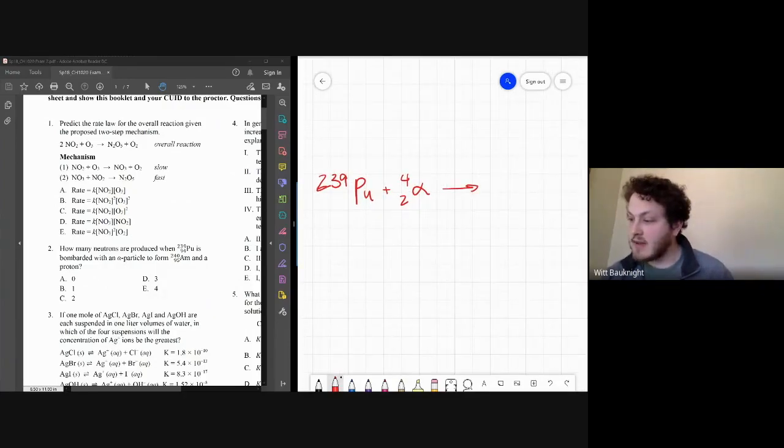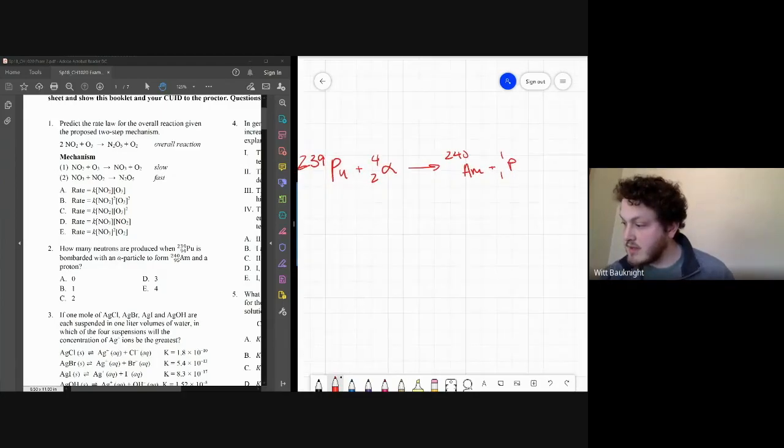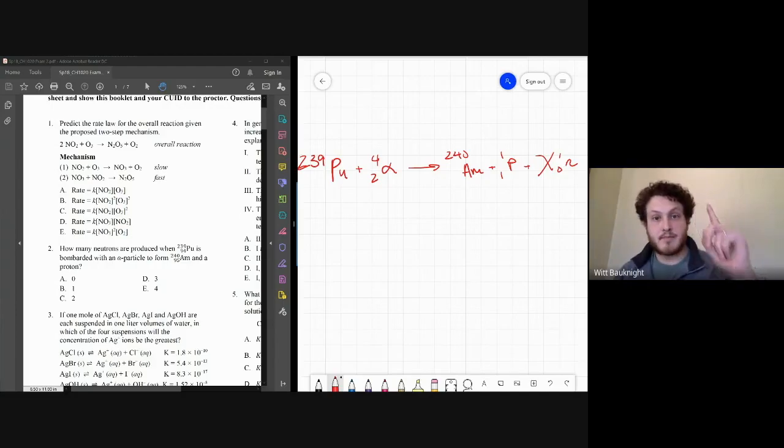Well, when they react, it forms 240 Am, a proton, which has a mass number of 1 and a charge of 1. I'm just going to call it P, plus some mystery number of neutrons. And a neutron always has a charge of 0 and a mass number of 1.